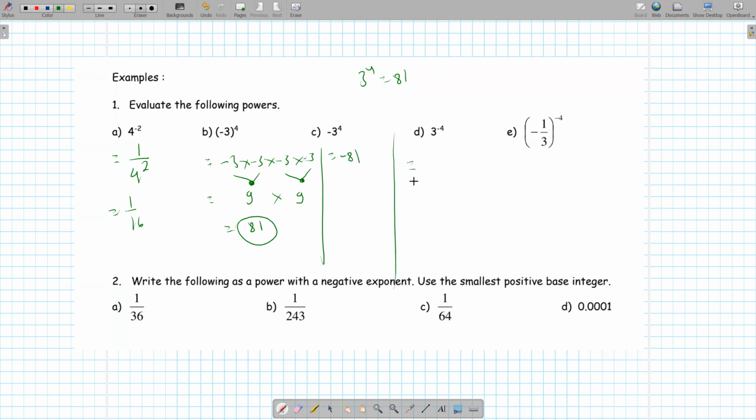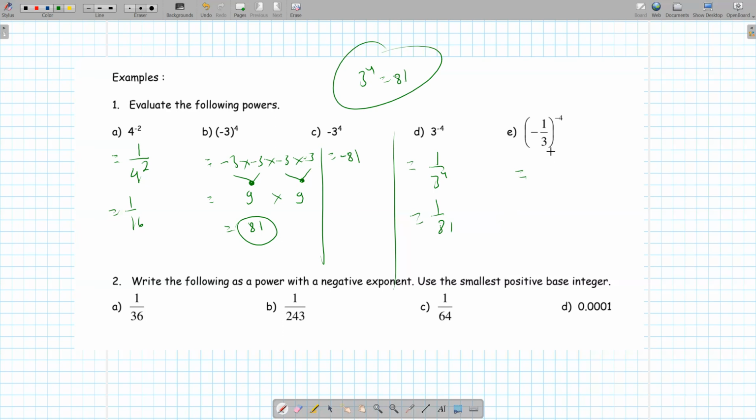How do we do D? 1 over 3 to the power of 4. Yeah. And we know 3 to the power 4 is 81, so it's 1 over 81, yeah? E. You put it under a 1?